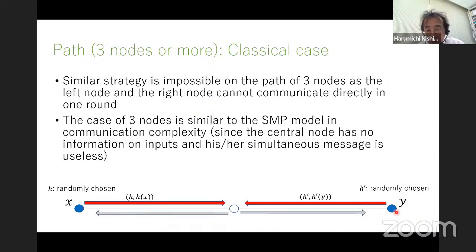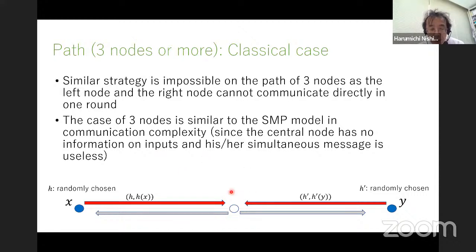But this node can send something. For example, this node chooses a random hash function, and the hash value is sent to the central node, and the central node can take something.